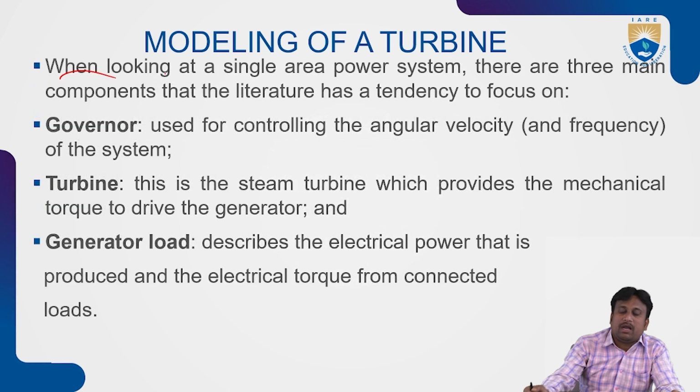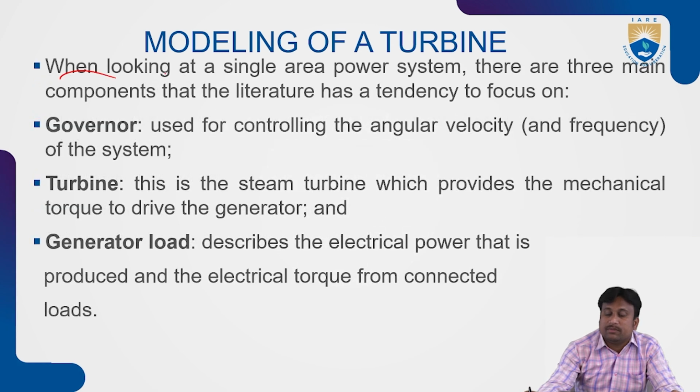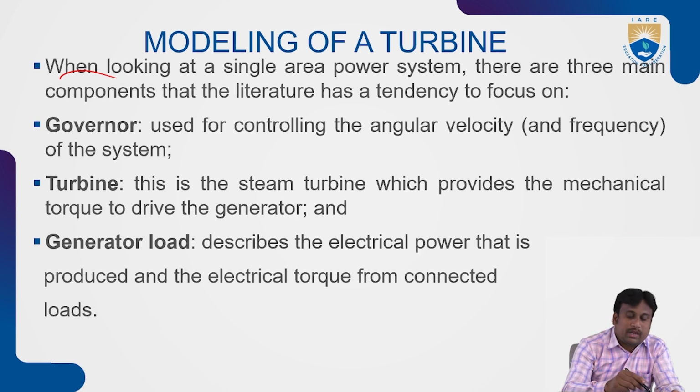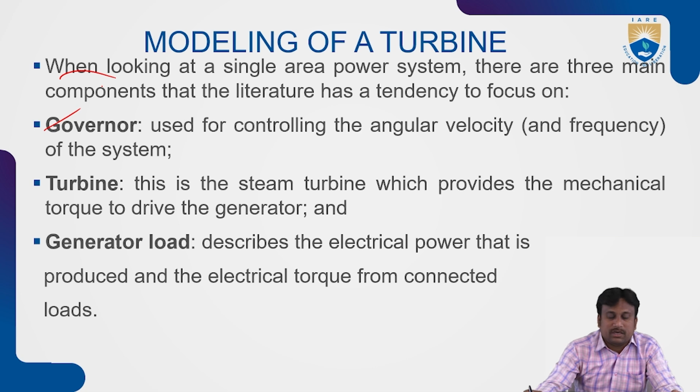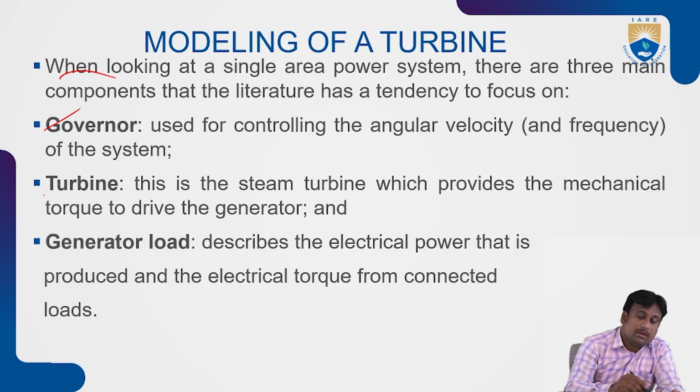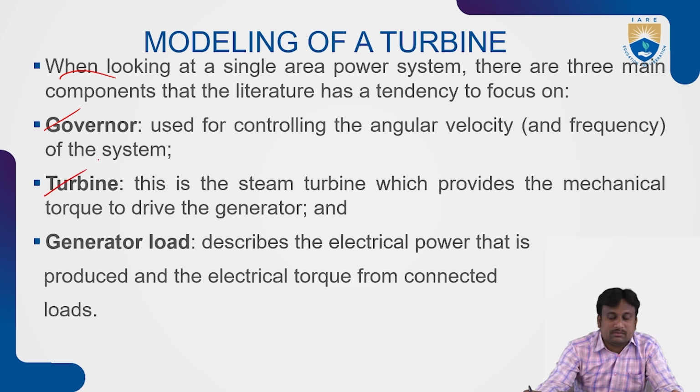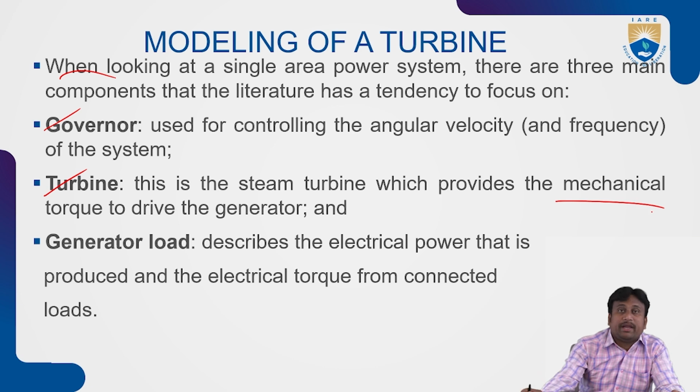When looking at a single area power system, there are three main components that the literature tends to focus on. Mainly the governor system, which is used for controlling the angular velocity and frequency of the system. Next is the turbine mechanism, the steam turbine, which provides the mechanical torque to drive the generator.